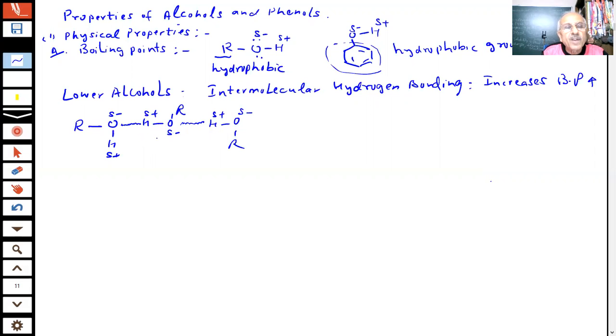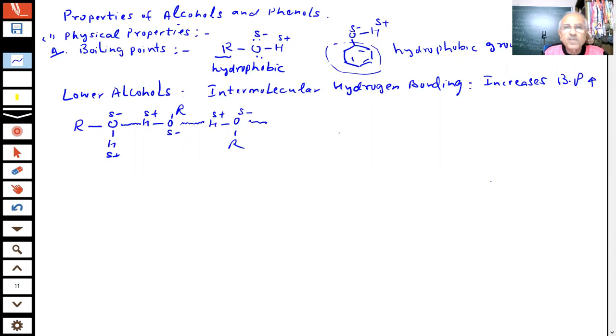This is the intermolecular hydrogen bonding which will take place. So we will have intermolecular hydrogen bonding and the boiling point of the alcohols will increase.